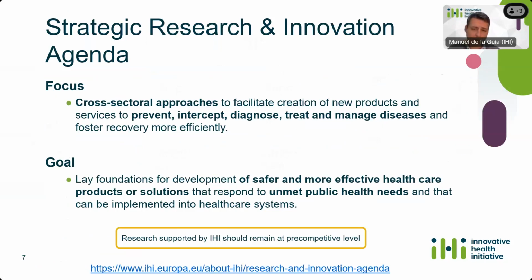It's worth reminding that the research supported by IHI should remain at pre-competitive level at all stages. Further details about IHI objectives, functioning, and vision can be found in our Strategic Research and Innovation Agenda, which can be accessed via the link at the bottom of your screen.